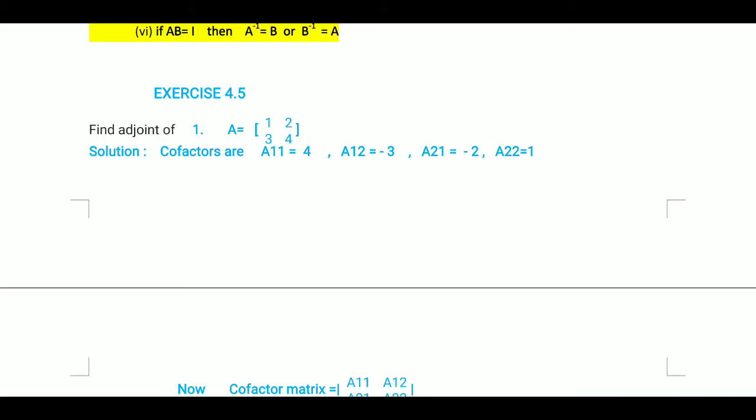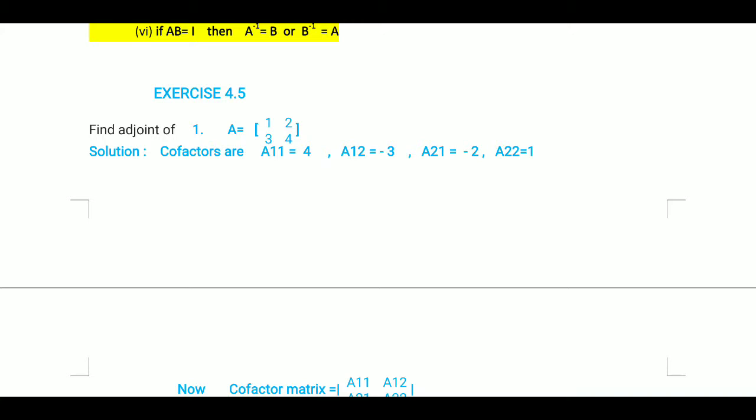Similarly, A21 means -1 power 2 plus 1 into the number we get on leaving this row and this column. So -1 power 2 plus 1, that is -1 power 3, will give you minus. And 2 is the determinant obtained by leaving the second row and first column.